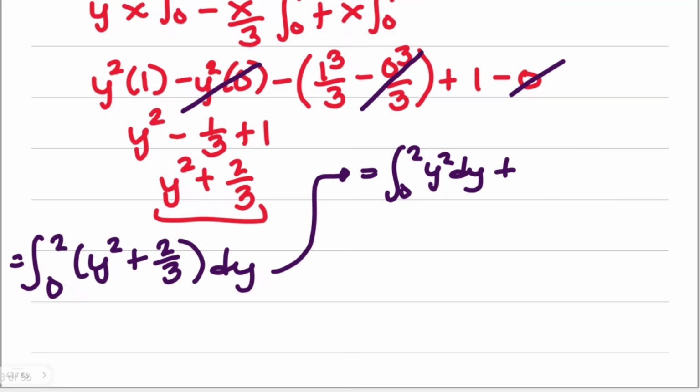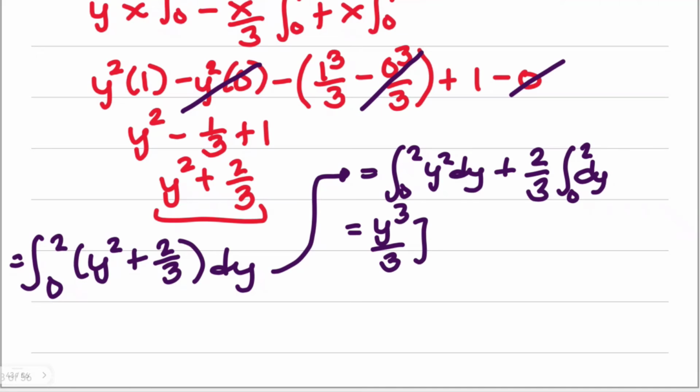The second one is 2/3 dy from 0 to 2. Let's integrate them. For y squared, we know that's y cubed over 3 from 0 to 2, and for the other, 2/3 of y, the integral of dy, from 0 to 2.